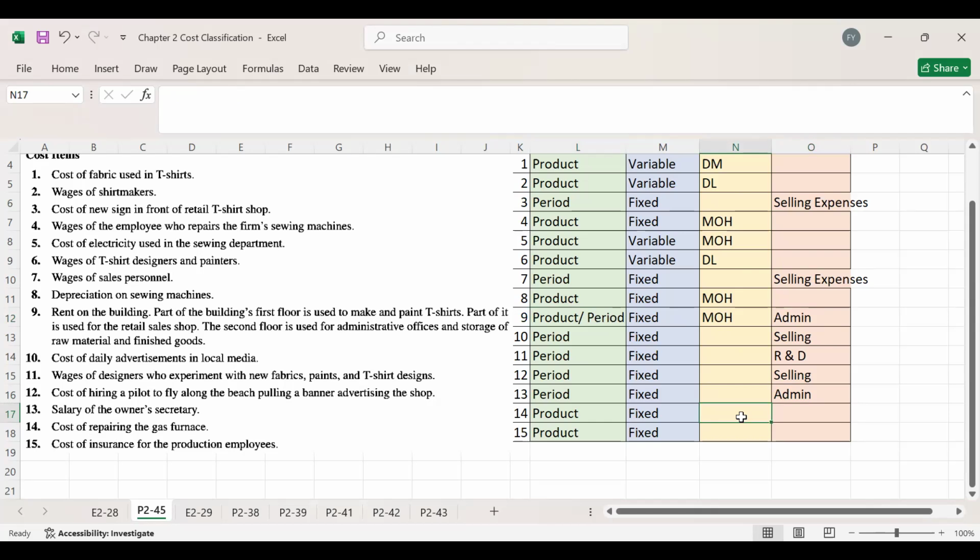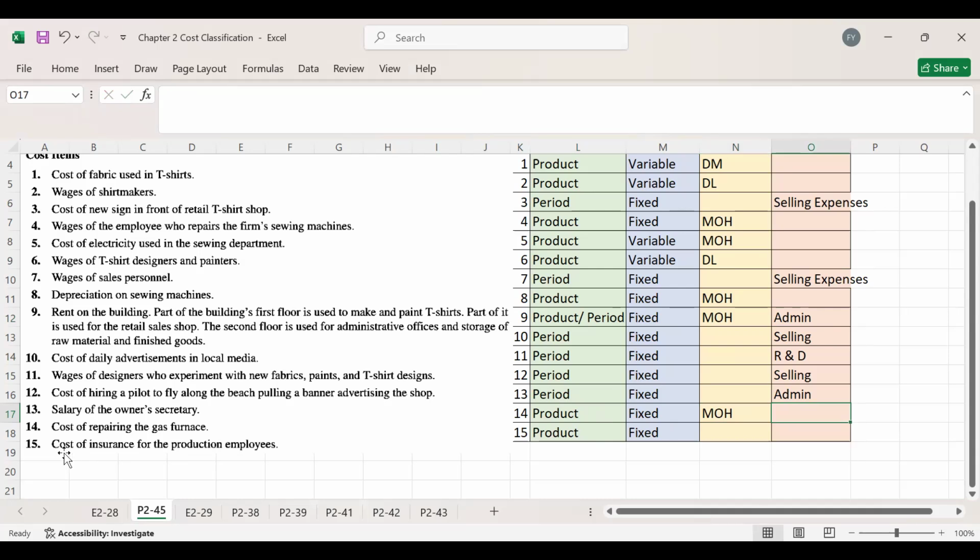But you know that the heating of the building, or the gas furnace, is mostly required by the factory area, so it should come under MOH or manufacturing overhead. But if the gas furnace is also used by the retail sales shop portion, then the expense should be divided into product cost as well as period cost. And if it is in period cost, that comes into admin cost.